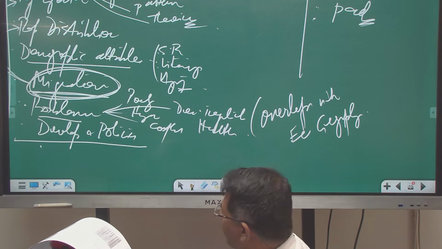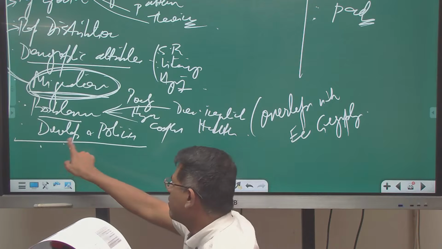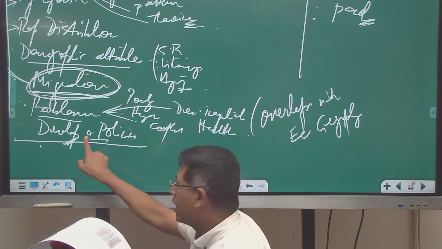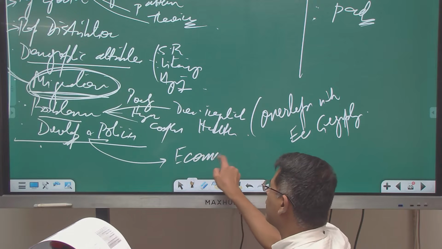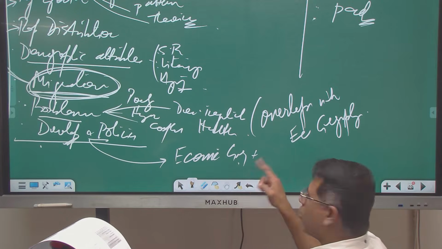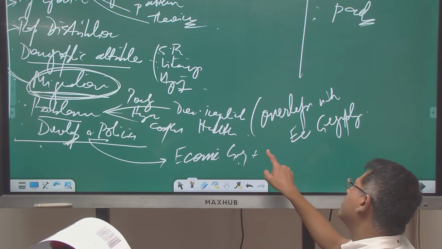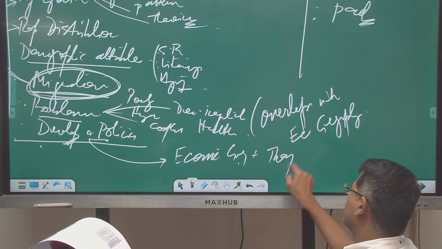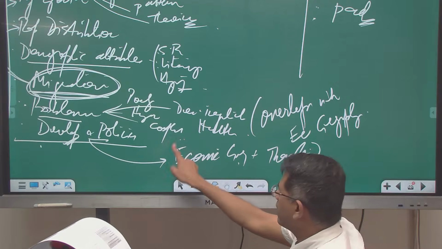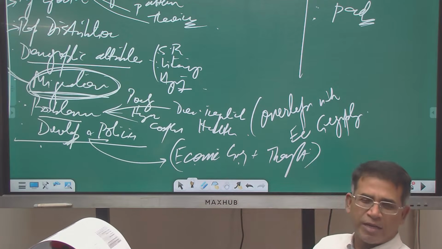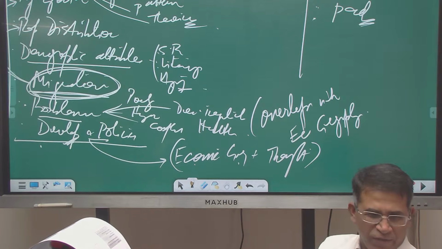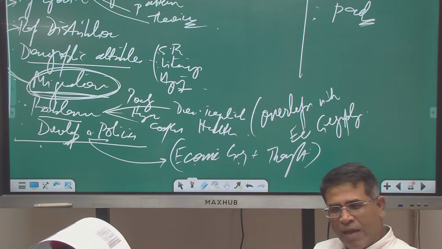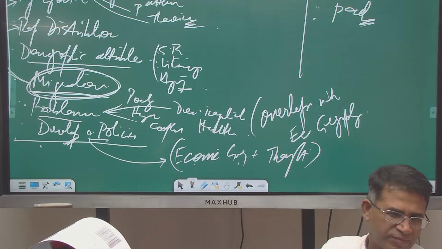Plus, while discussing development and policies, even this topic has some overlap with economic geography, plus also overlap with geographical thought. लिख लो notes में अपने. Development policies has overlap with economic geography. It also has overlap with geographical thought.